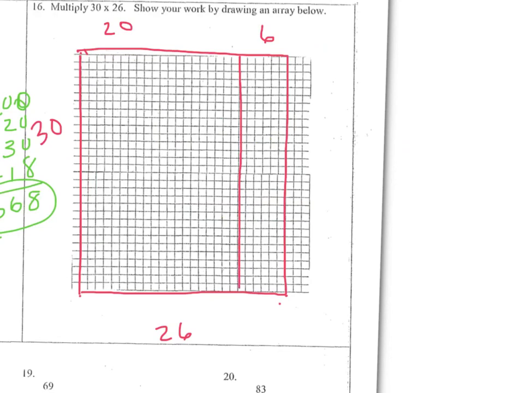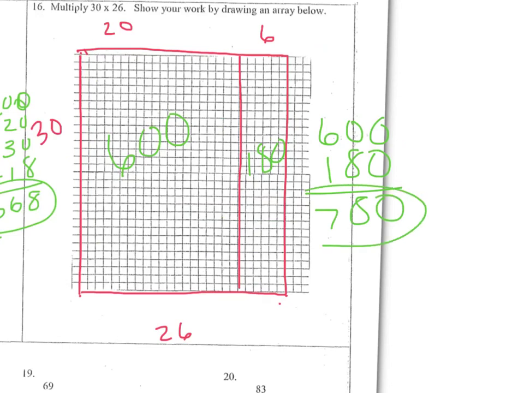And now you have your array, and now all you have to do is multiply what you've got here. So 30 times 20 is 600, and then 30 times 6 is 180. So just add those two together, and you should get 780 as your product.